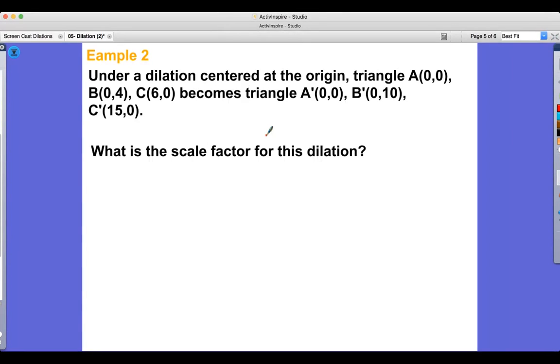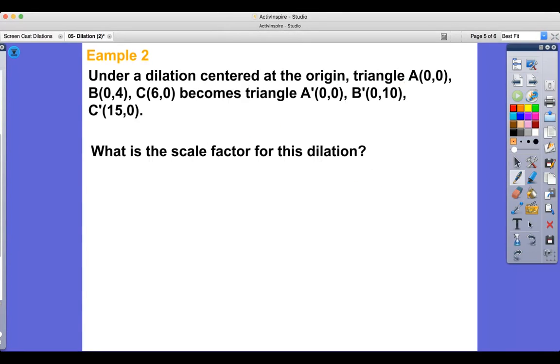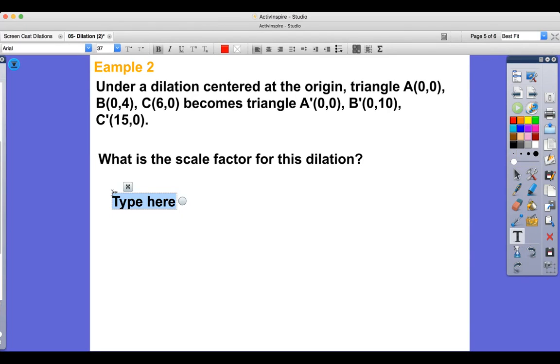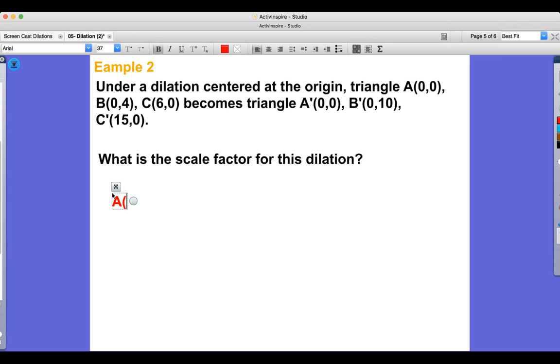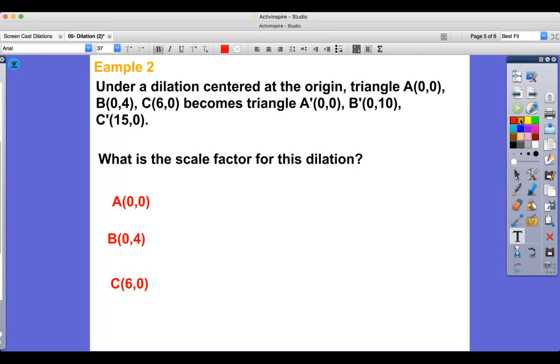So the first thing I'm going to do is arrange my coordinates here. So here I have A, which is 0, 0. I have B, that one is 0, 4. And I also have C, which is 6, 0. I'll do the same thing for A prime, B prime, C prime. Let's do that in orange.